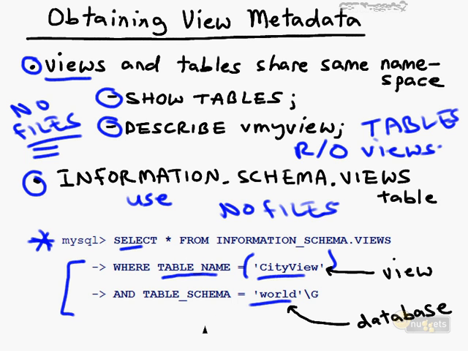And the other thing that I've referenced in other nuggets is whenever you see a reference to table schema or schema, do an internal translation for that to mean database. So we could look at all the views from just the world database by striking this comment and just saying where table underscore schema equals world.